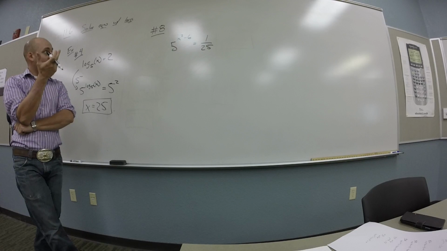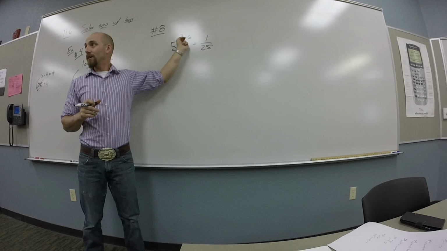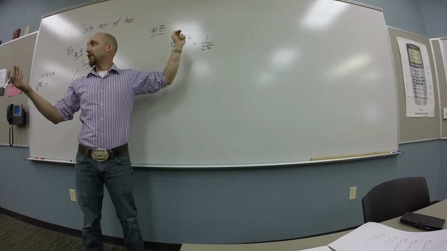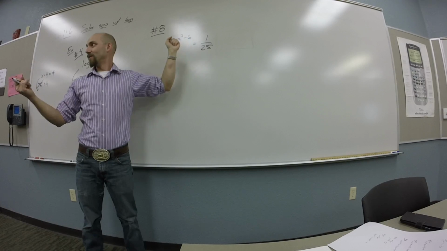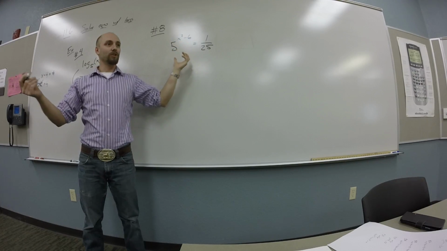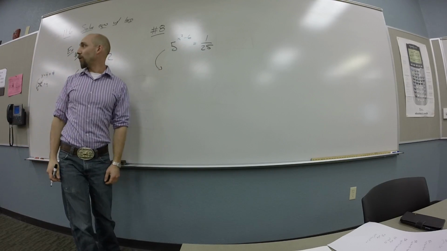So there's base 5 happening here, right? So I've got 5 to some stuff. I know the undoing of 5 to some stuff. What's the undoing function? Yeah, I should just log base 5 both sides, right?